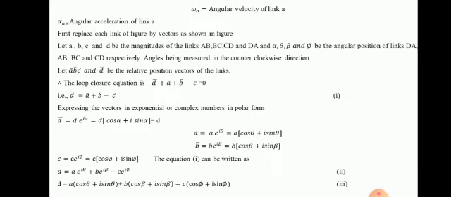Therefore, D dash is equal to D into e to the i alpha, which is cos alpha plus i sin alpha.